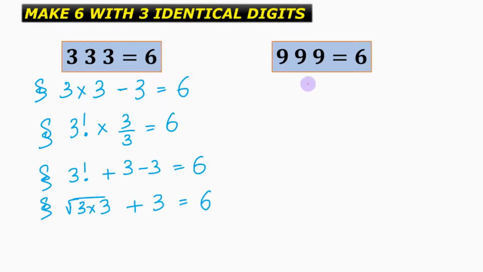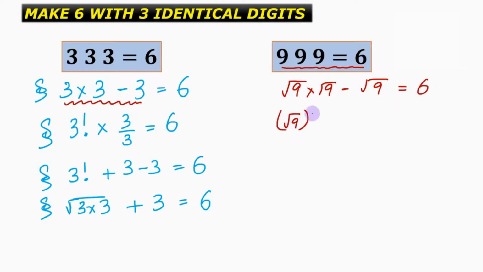Okay. Next question, 9, 9, 9 is equal to 6. Now all I can do is replace these 3 by under root of 9. So the first solution will be under root of 9 into under root of 9 minus under root of 9 will be equal to 6. Second solution, under root of 9 factorial into 9 divided by 9 will be equal to 6.